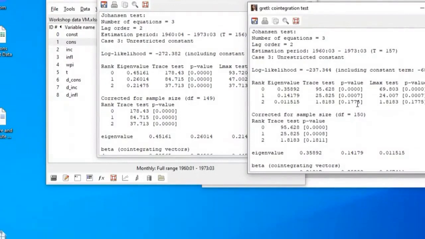In fact, in every chapter, he was also giving a little theory, and in that little theory, he has written that the number of co-integrating vectors must be at the most k minus 1.